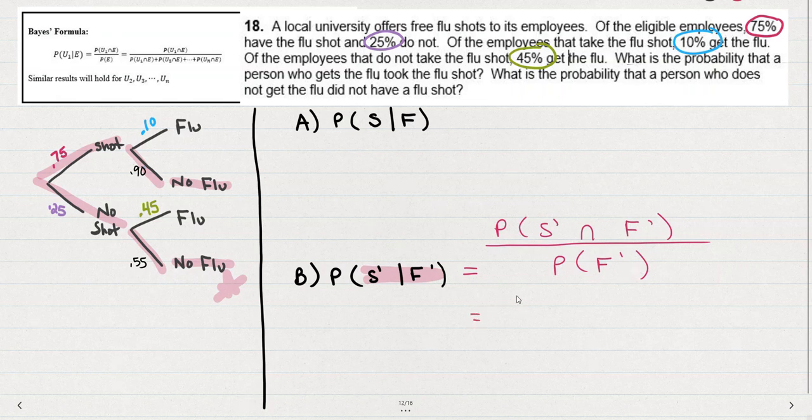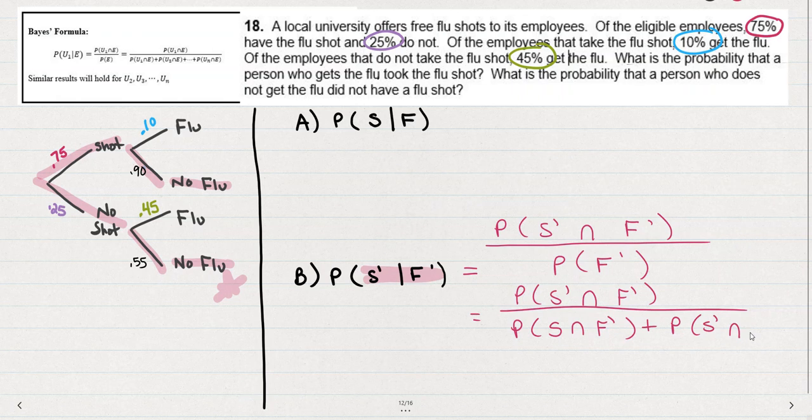So that would be the probability of not getting the shot and not getting the flu divided by the sum of both of these: the probability of getting the shot and not getting the flu added to not getting the shot and not getting the flu. So that would be 0.25 times 0.55, 0.1375, divided by 0.675 added to 0.1375.